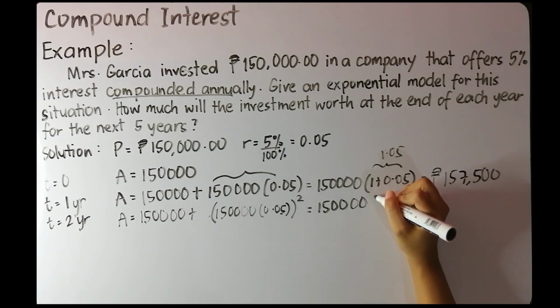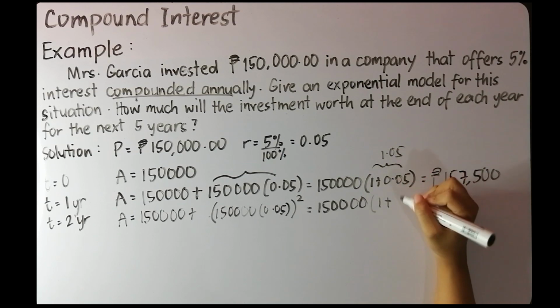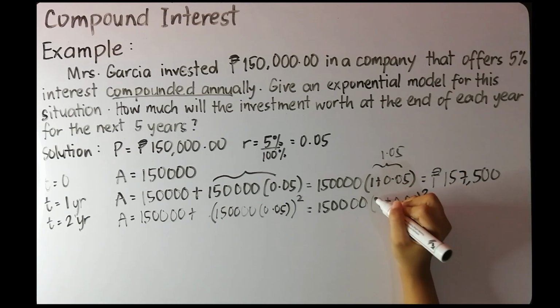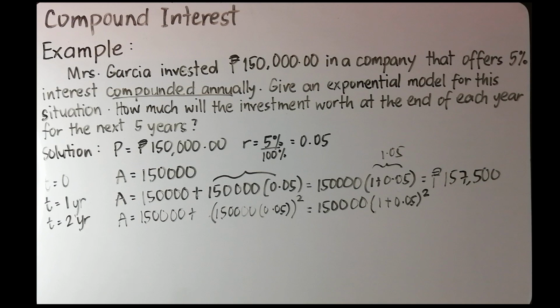In compound interest, you have to take 157,500 as your principal for the second year.